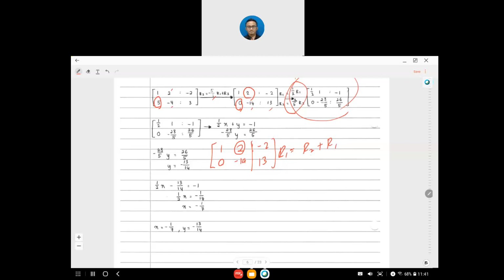Okay. Row 2 awak adalah 14. Macam mana nak jadikan dia hapus ini? Jadikan 2. So kena darab dengan 1 per berapa? 1 per 7. Okay. Sebab 1 per 7 darab dengan 14, awak akan dapat 2. Since dia adalah value positif dengan negatif, awak tak perlu letak value lah.